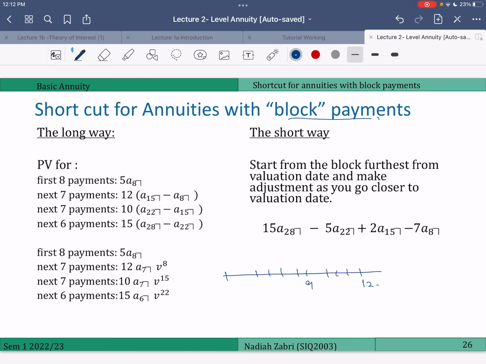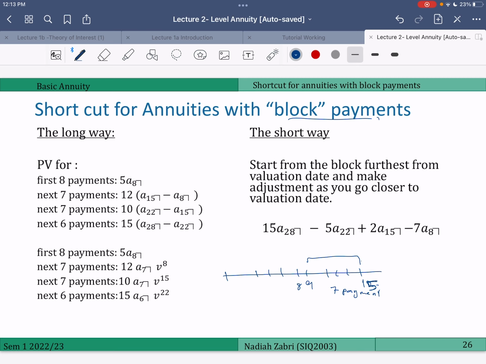So in total, it is 7 payments. Is it until 12? No, it's not until 12, it's until 15, because 8 plus 7 is 15, right? Okay, so it's 7 payments from the 9th payment to the 15th payment.